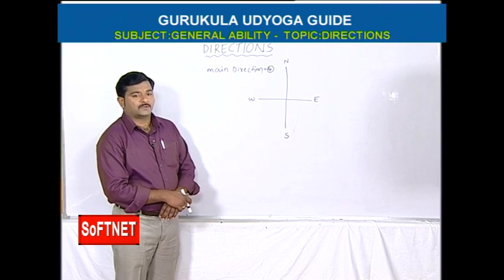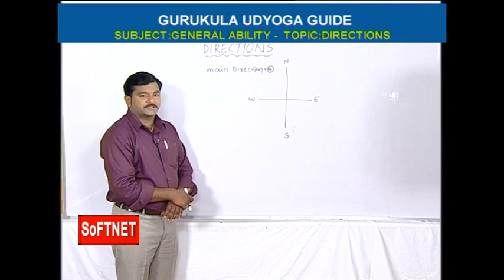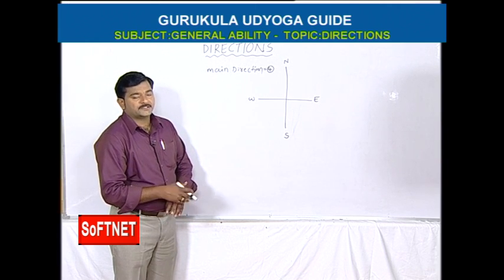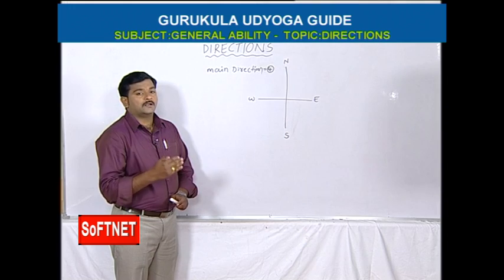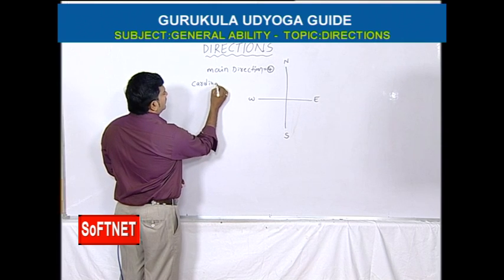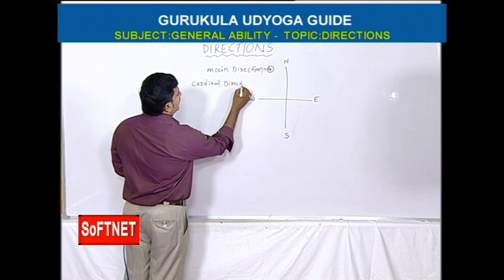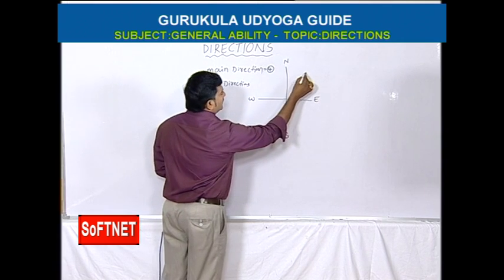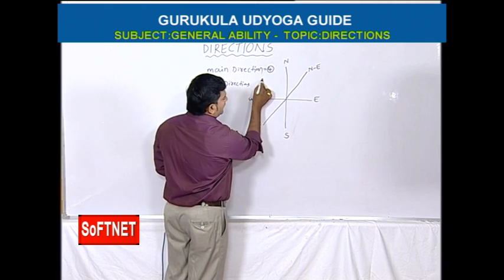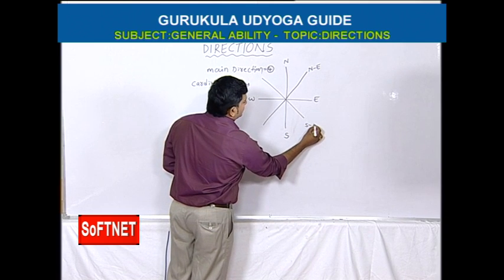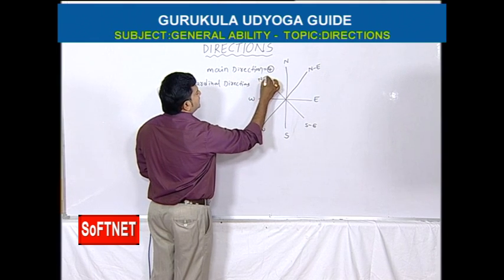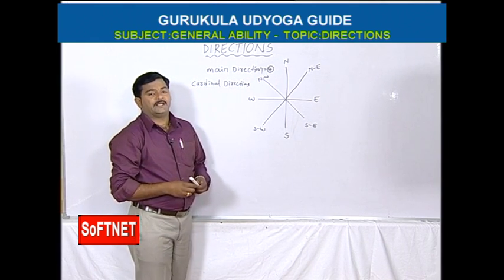Directions are mainly four. We already know them: north direction, east direction, south direction, and west direction. Apart from these four main directions, we have another four cardinal directions. The four cardinal directions are northeast, southeast, southwest, and northwest. So altogether we have 8 directions.